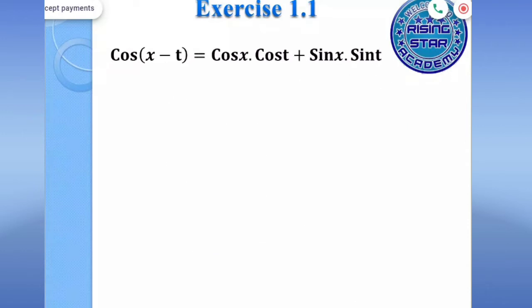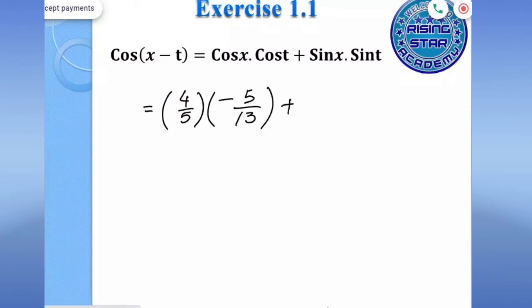Now for the second identity, cos of x minus t, I would put the values. So that would be cos x value, that would be 4 by 5. Cos t value is minus 5 by 13 plus sine x value is 3 by 5 and sine t value is minus 12 by 13.